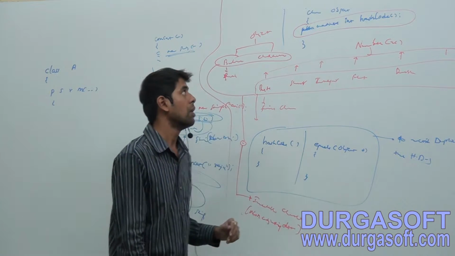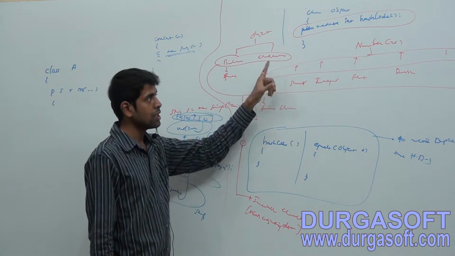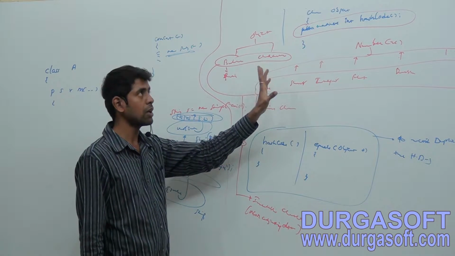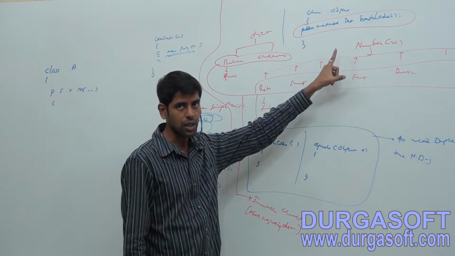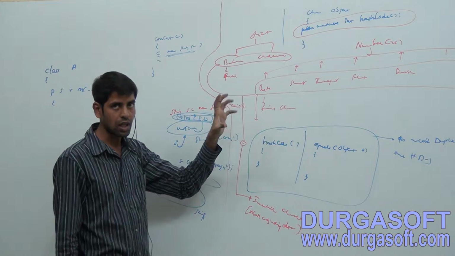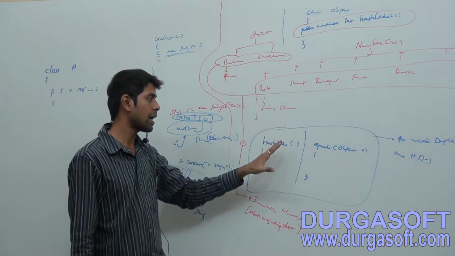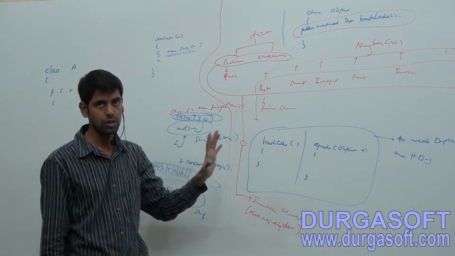Now, the Character and Boolean classes are not children of the Number class; they are direct children of the Object class. Within the Object class we have one hashCode method whose return type is int and which is a native method. Now you will get good clarity on how the JVM calls a specific class's hashCode method and the Object class hashCode method through this example.